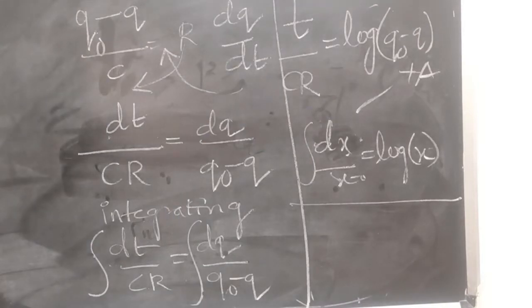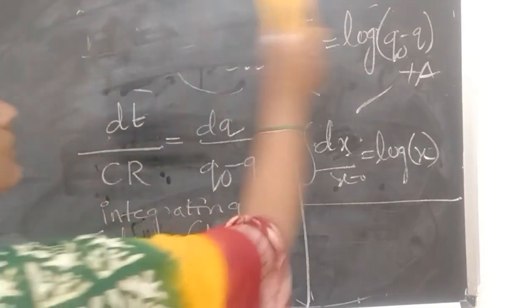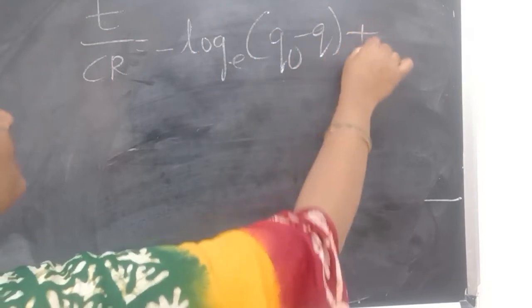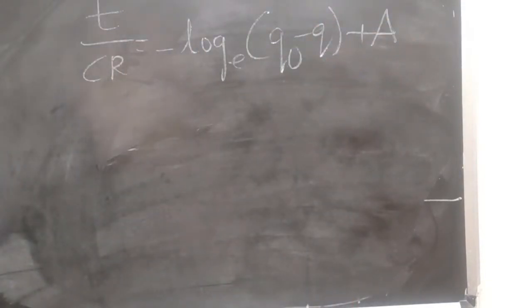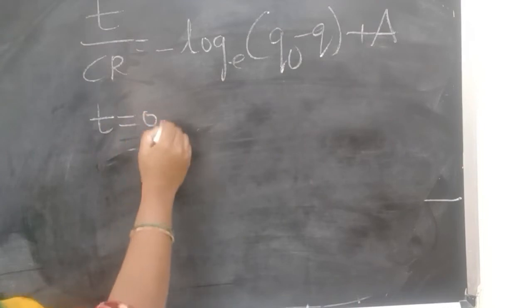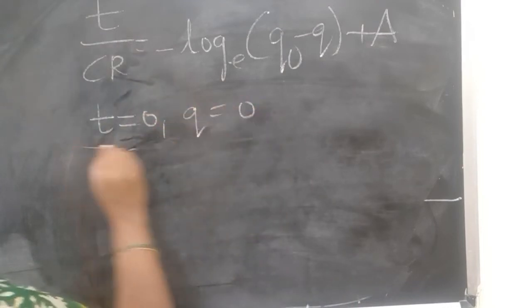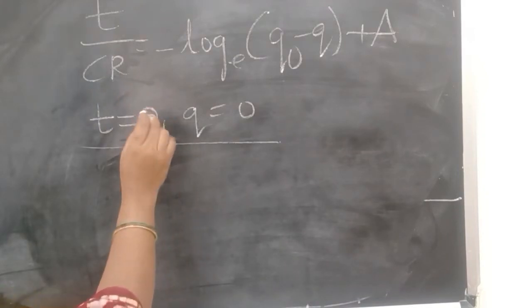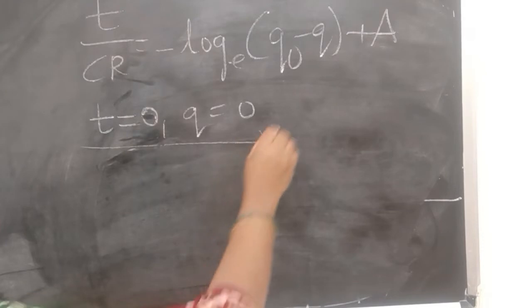Now for this we will be taking the time constant. What equation till now I got? T by Cr is equal to minus log of (Q naught minus Q) plus A. Now if I take T equal to 0, Q is equal to 0, that means when T is equal to 0, there is no electric field, so there will be no charges.